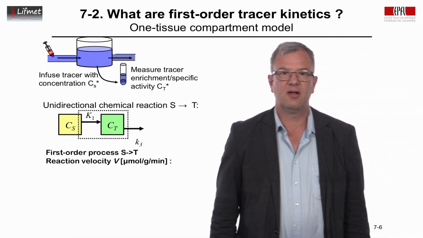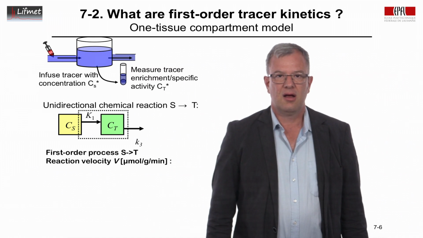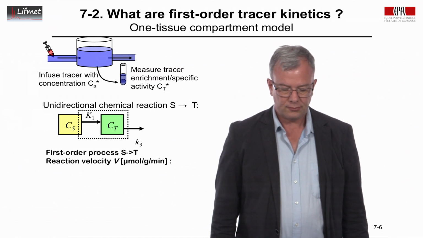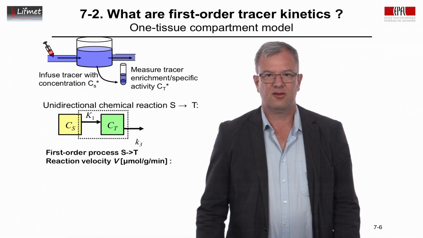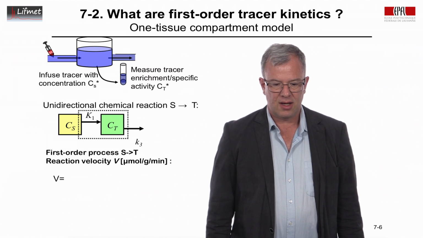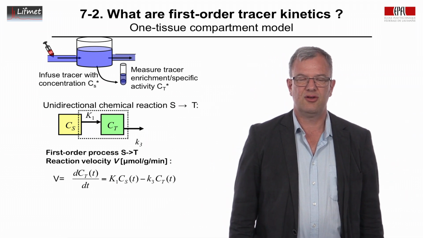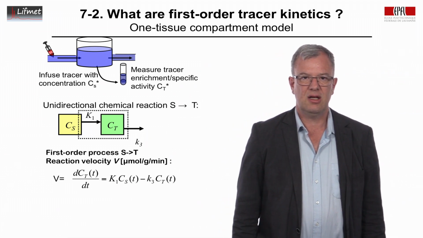Now we'll look at a first order process that converts S into T, and we'll look at the reaction velocity here. The reaction velocity is concentration per mass per time, so it's micromoles per gram per minute. The reaction velocity is equal to the rate of change in concentration of the molecule in the tissue, Ct.